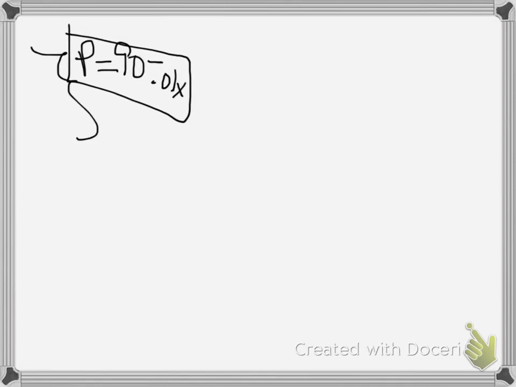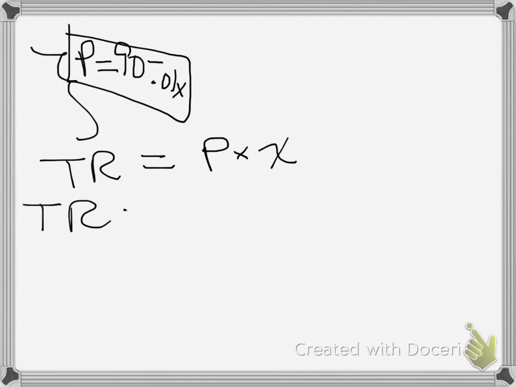And I'm going to say, okay, if that is my price, then my total revenue equals price times quantity, and in this case my quantity is x, so total revenue equals 90 minus 0.01x, right?